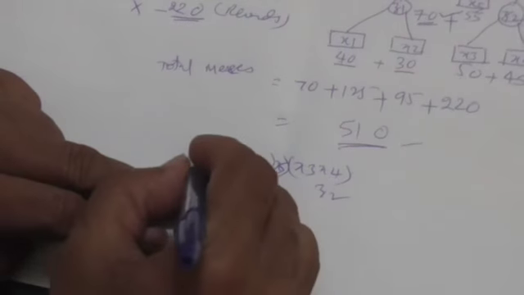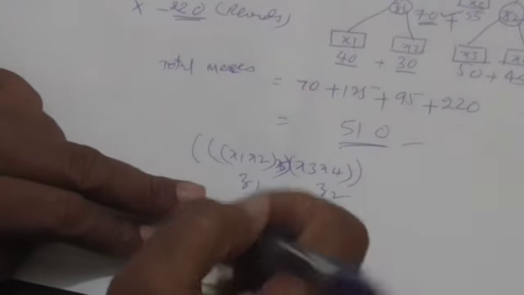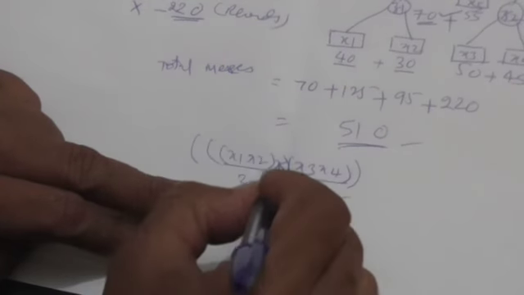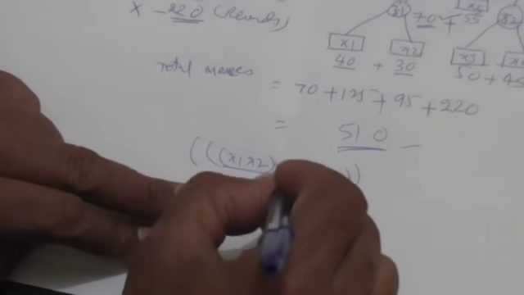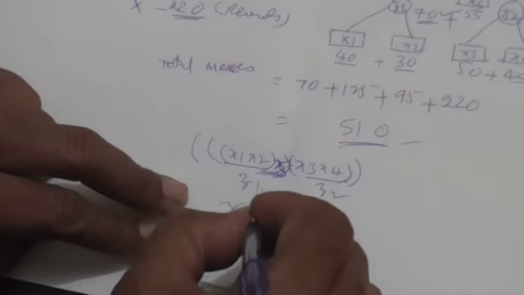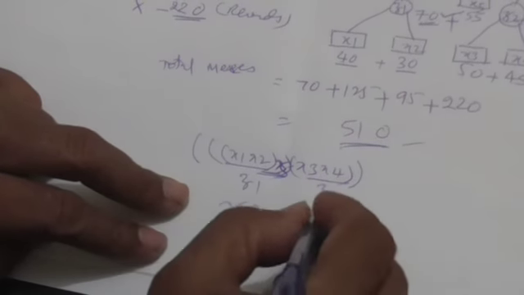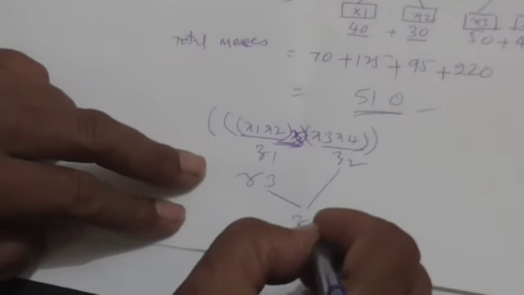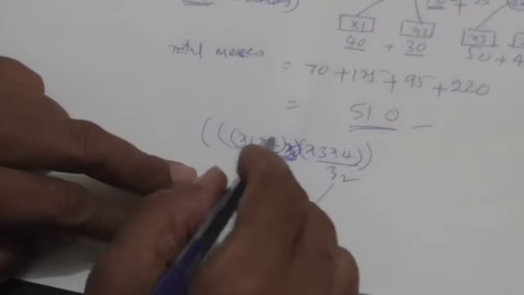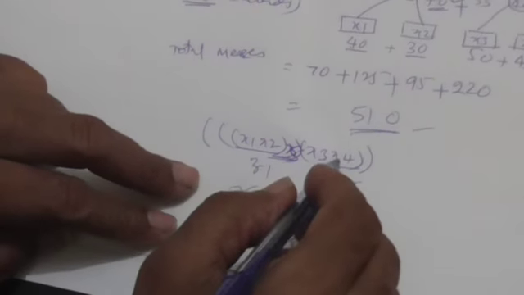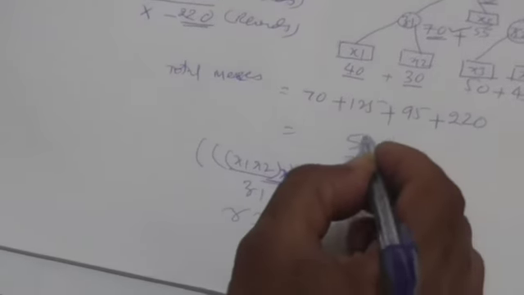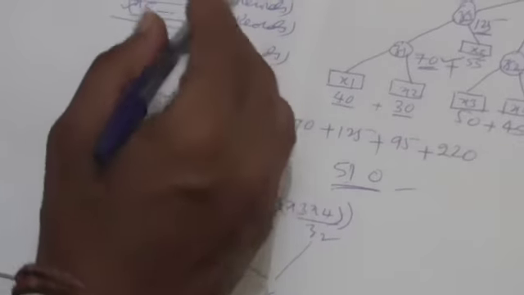Finally these two are merged, and when z3 and z2 are merged, you get z4. So this is the best merge pattern to be adopted to save time for merging so many files.